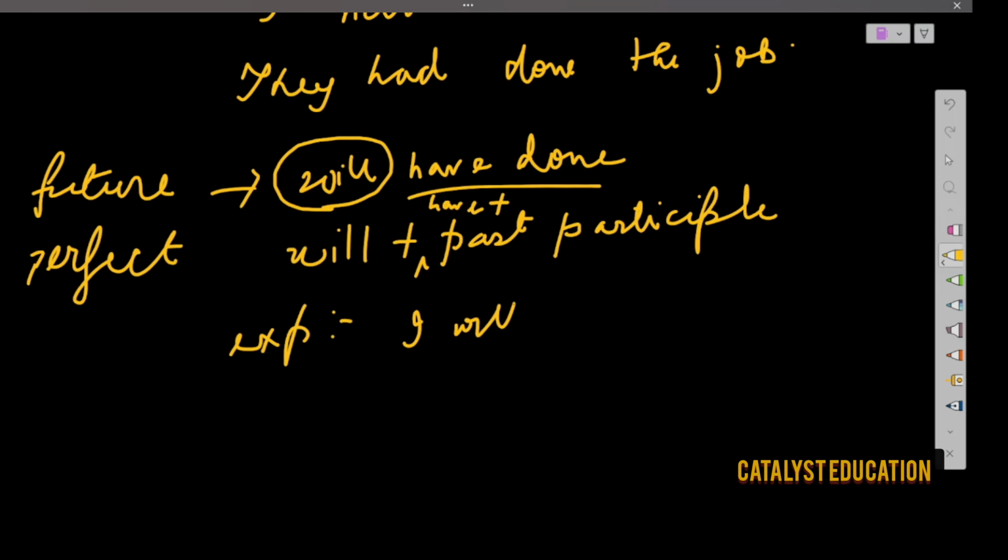So the will format, have format stays the same for everyone: first person, second person, third person, singular and plural. Now the past participle changes according to the verb, and the whole form is called future perfect.